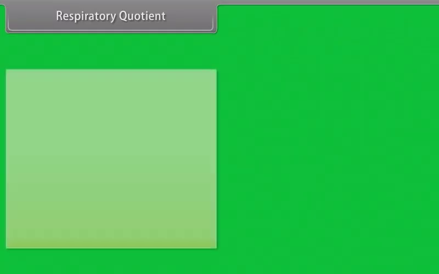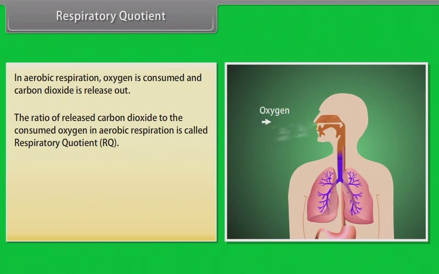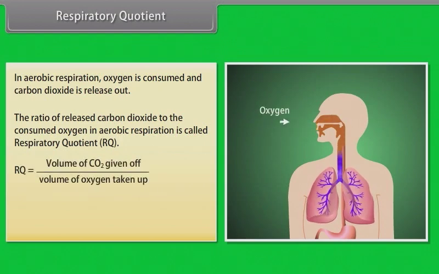Respiratory quotient. In aerobic respiration, oxygen is consumed and carbon dioxide is released out. The ratio of released carbon dioxide to the consumed oxygen in aerobic respiration is called respiratory quotient. RQ is equal to volume of CO2 given off upon volume of oxygen taken up.